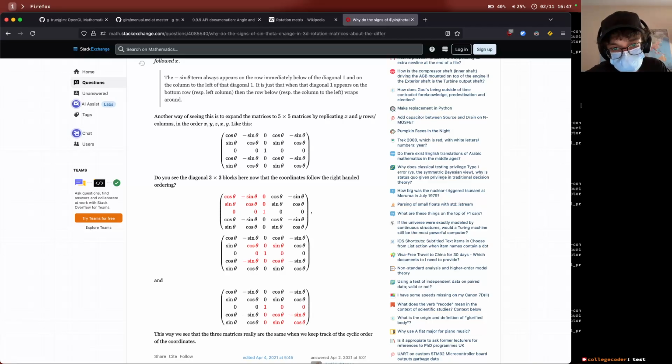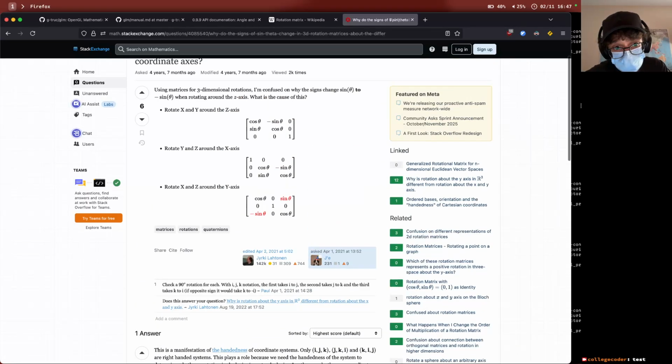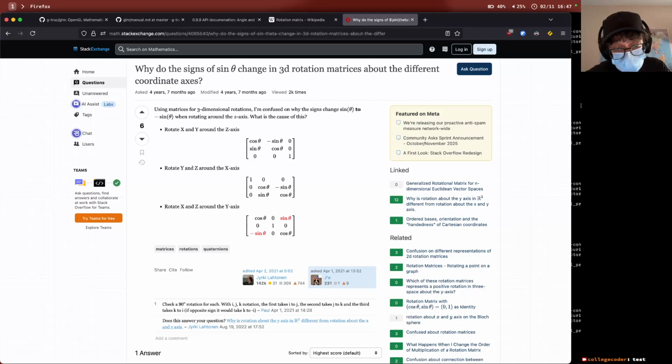What I don't get is why it is that I'm rotating around the z-axis, so it's as if the z-axis was pointing towards me, and this was the y-axis, and I was rotating towards this side.